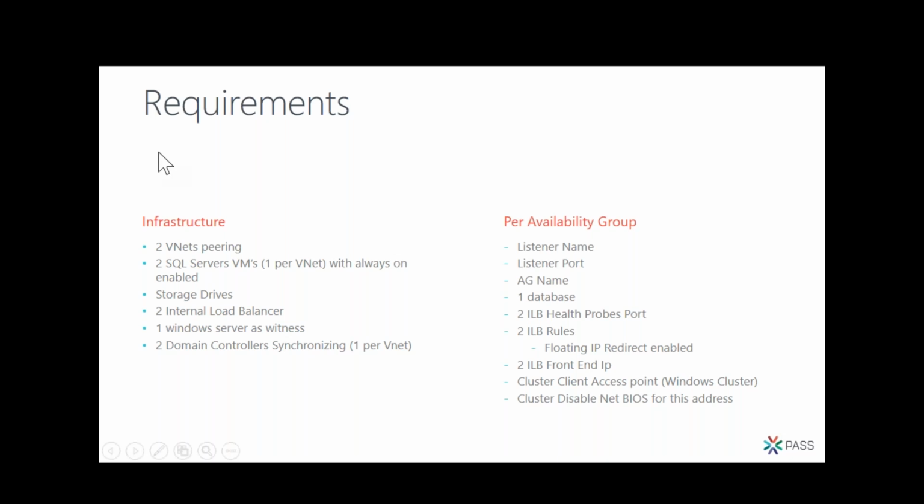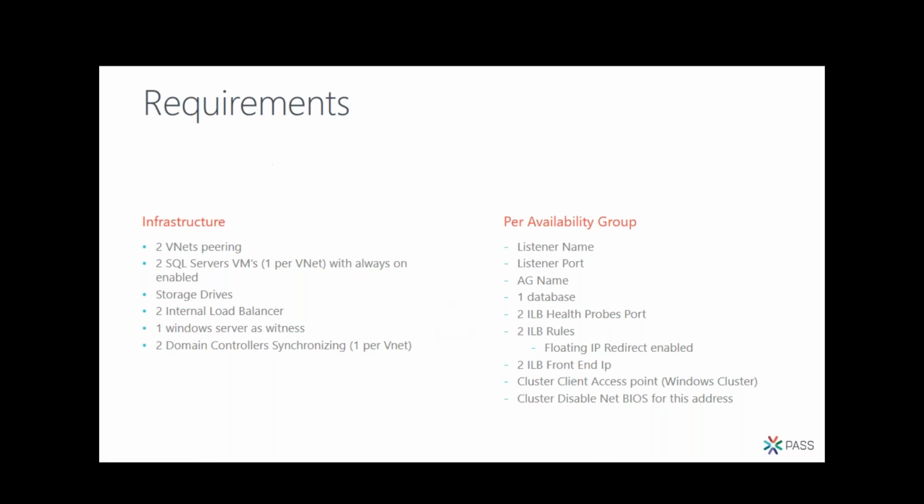That is important to highlight: one of the differences of implementing Always On availability groups in Azure is that you require internal load balancers. A Windows server as a witness. In this case, I'm using the quorum based on witness, and two domain controllers synchronizing, one per VNet, so that my database servers are able to authenticate using Active Directory.